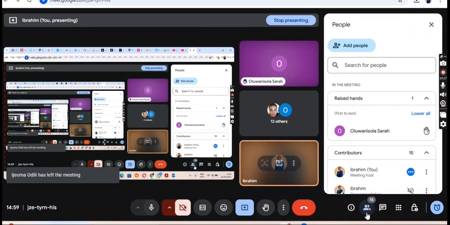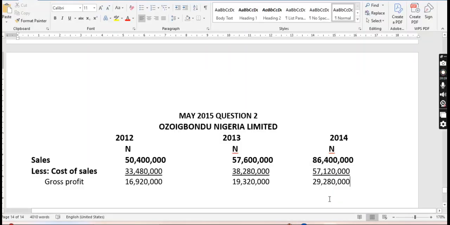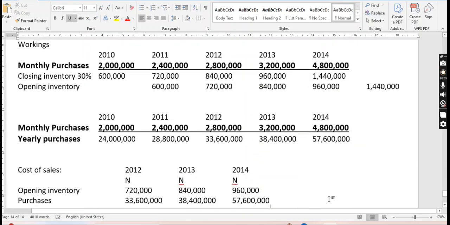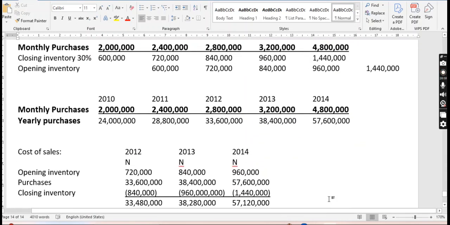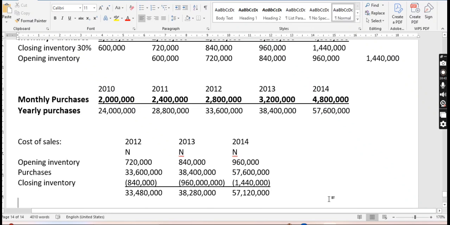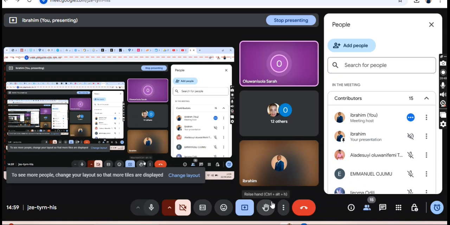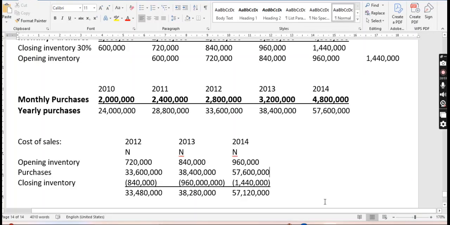What happened, Sarah? I'm confused. In the cost of sales we just finished, why are we using purchases for the 12 months, but for inventories we are using just a month? You cannot multiply. Your inventory is on a monthly basis.